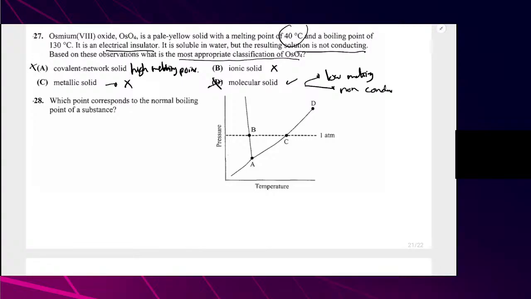As you can see, guys, this one is liquid, this is the solid, and this one is gas. To get the boiling point, from liquid to gas, it should be C. The answer for number 28 should be C.